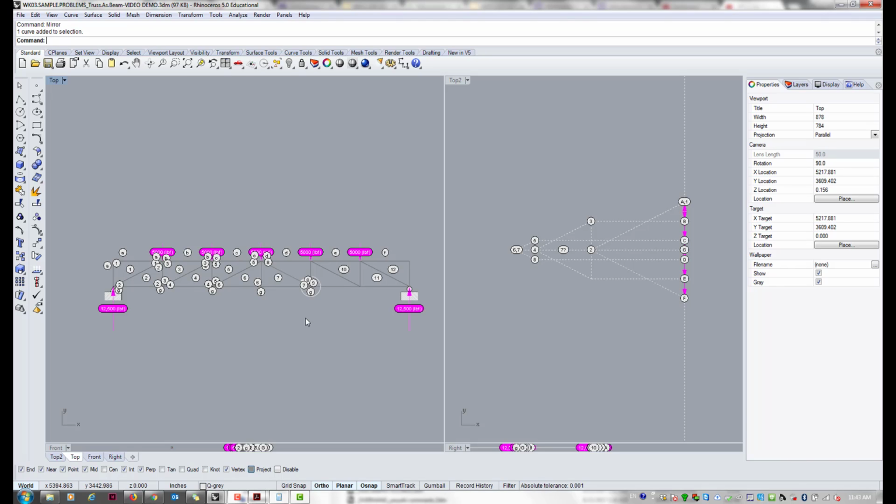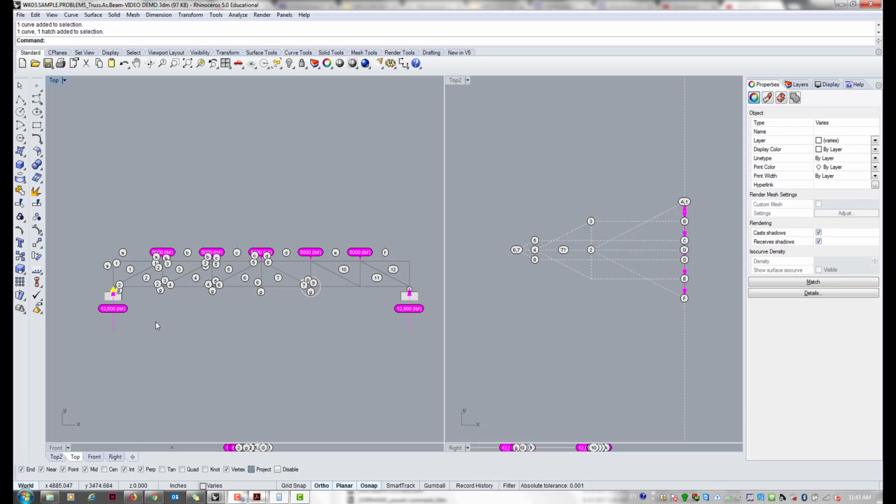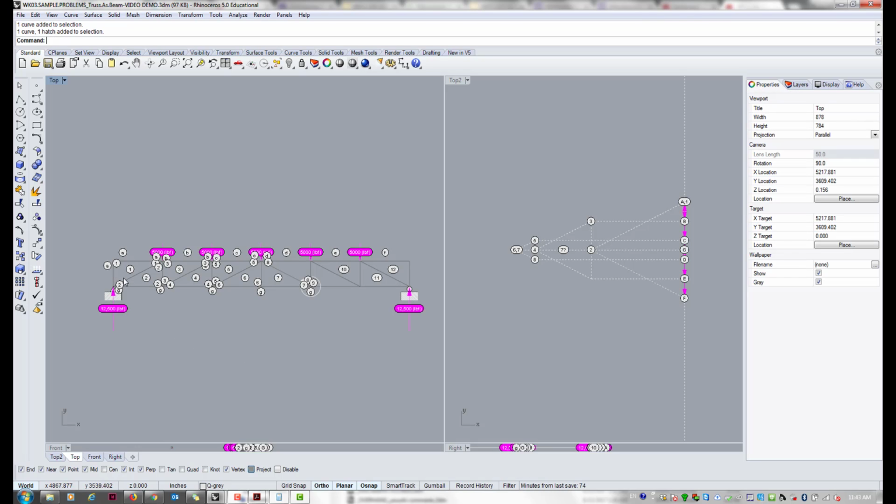That's why you want pin and roller, because the roller can absorb that movement, and the horizontal reaction would only be on this side. If it's a pin joint on both sides, there can be horizontal reactions on both ends, which makes this whole system indeterminate, meaning we can't really calculate the reactions at each point.